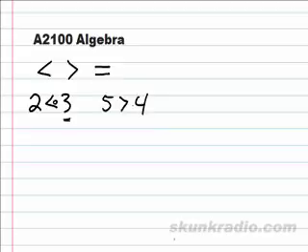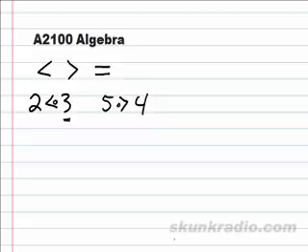Same thing you can see over here, the smaller number is next to the pointed end of this symbol. The pointed end can hold just a little bit, whereas this wide open area here can hold a larger amount. That's kind of how I remember which way they should be pointing.